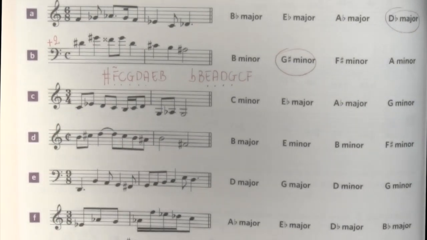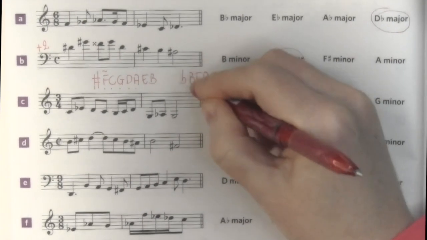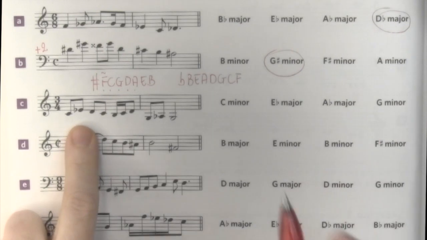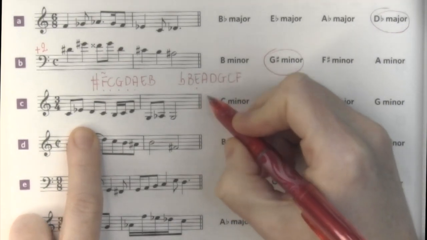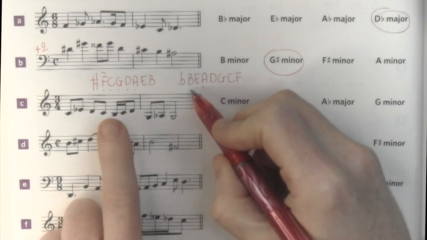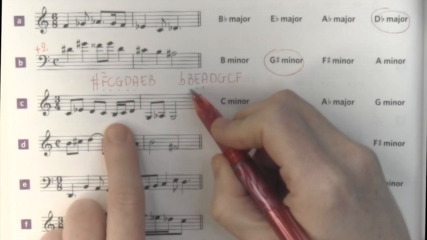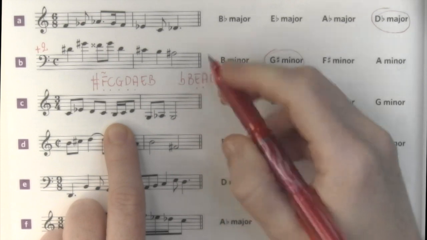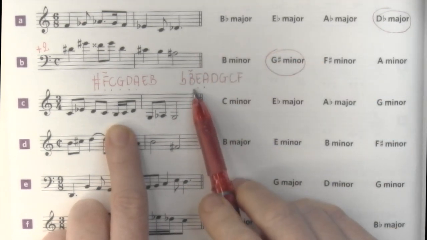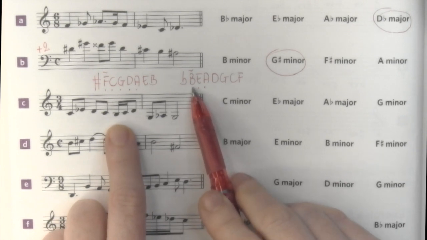Flats again, so let me rub out this. Okay, we have Mi flat, La flat, and there should be B, but why is B not flat? I'm just going to make a special symbol on the top, and this is because it's raised, and it is raised when it is the leading note.